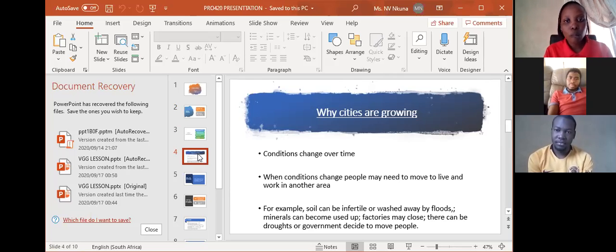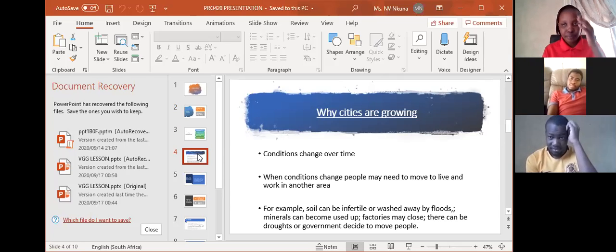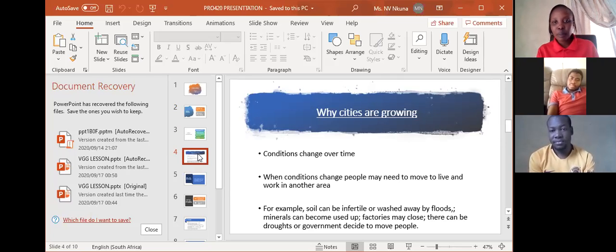Many people move from rural areas or from one place to another due to conditions that change over time. When conditions change, people may need to move to live and work in another area.